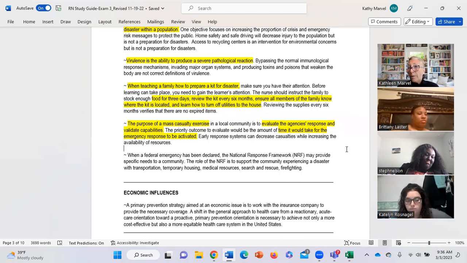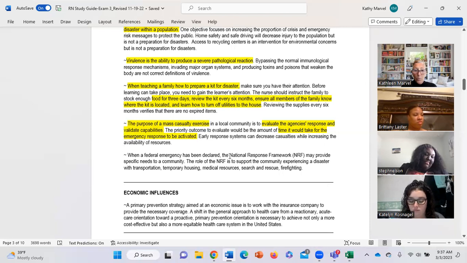How are you going to respond if you get a Cat 5 hurricane? All right. And then we know that FEMA responds to disasters. They are kind of the overarching agency that coordinates everything when you have disasters.